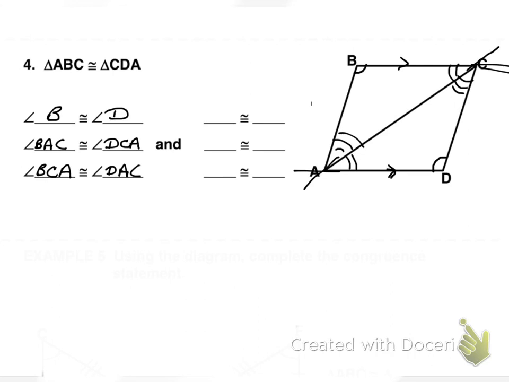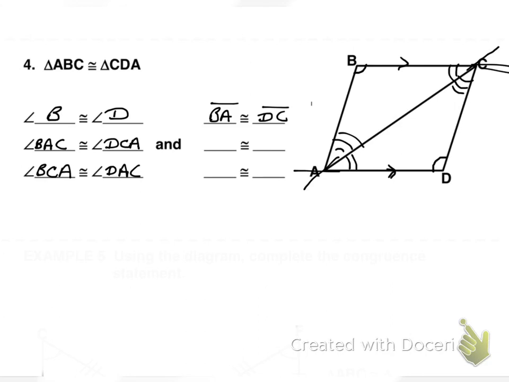And sides, starting with BA, that's going to the side that's marked with the angle that's marked with 3 curves. So that's going to be congruent to DC, excuse me.